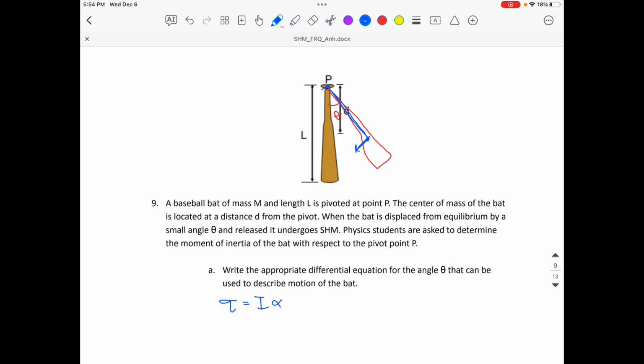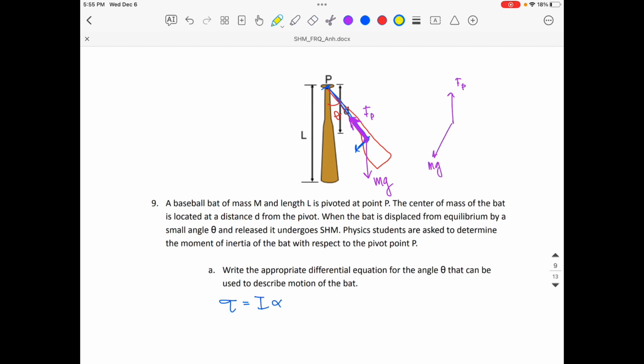but we don't have any actual forces pulling in that direction. So when I break it down, I've got a gravitational force, and it's not really a tension force, but it's the force of the pivot point on the bat. So I could call it force of P, pulling at that angle. And when we break this up into components, let me rotate the axis here.